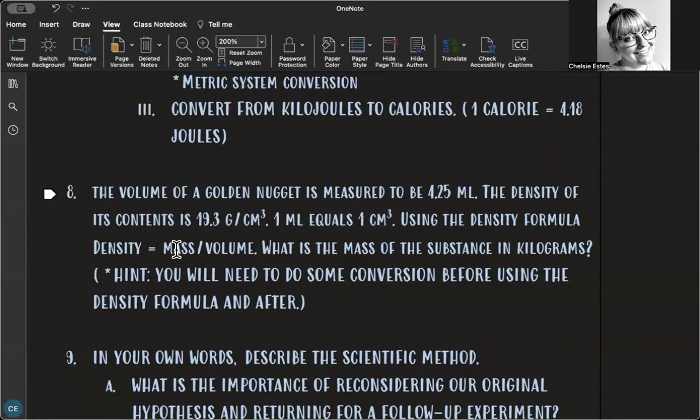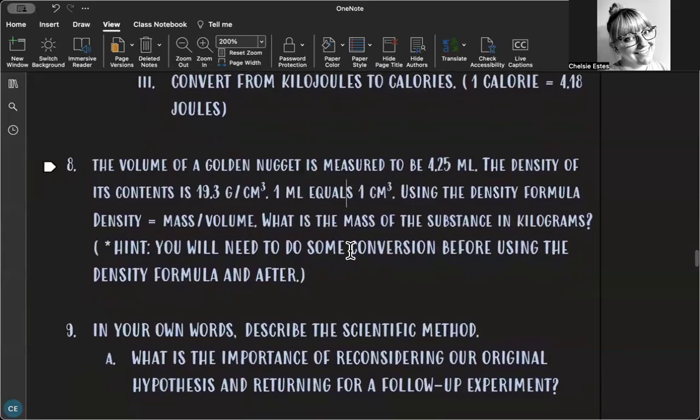Using the density formula, density equals mass divided by volume, what is the mass of the substance in kilograms? Hint, you will need to do some conversions before using the density formula and after.